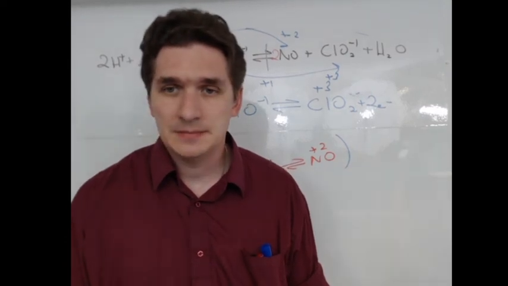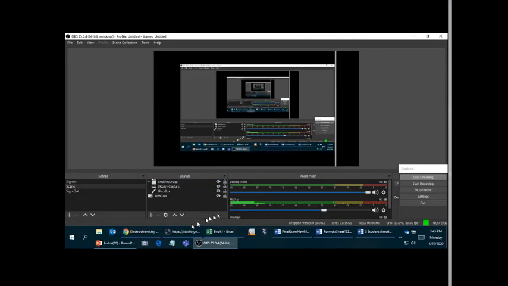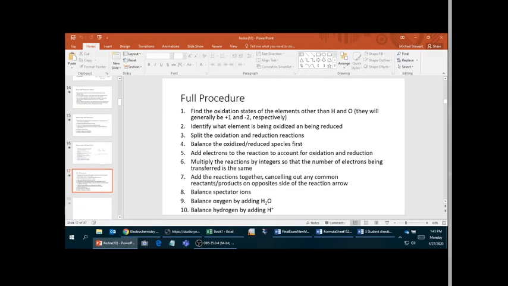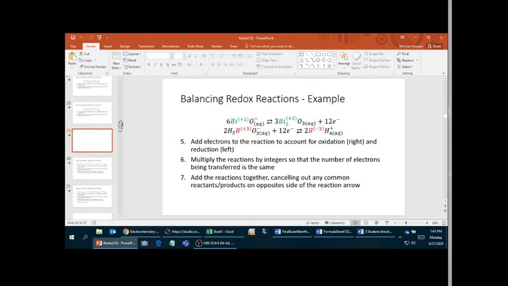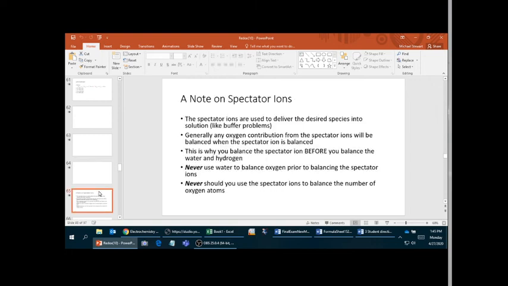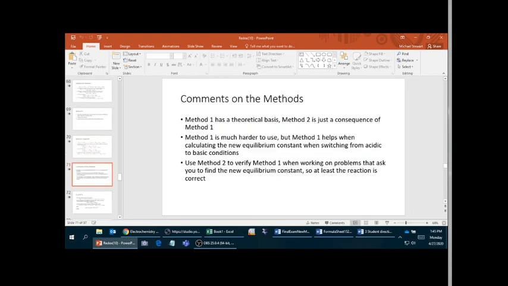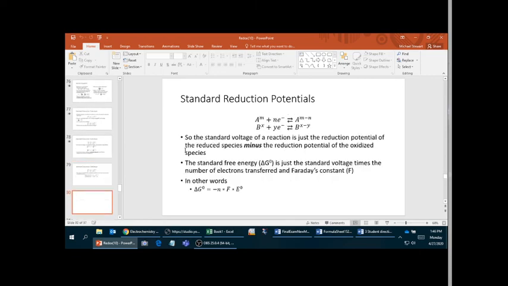Loading the PowerPoint right now. If you go to the notes online, there's the Nernst equation and standard reduction potentials.